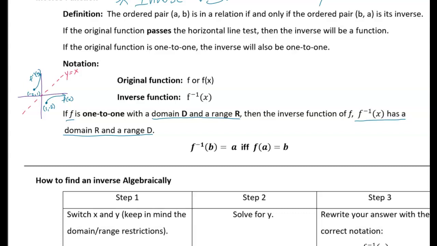Exactly. So, again, this concept flows from the idea that we're just switching the x and y values.